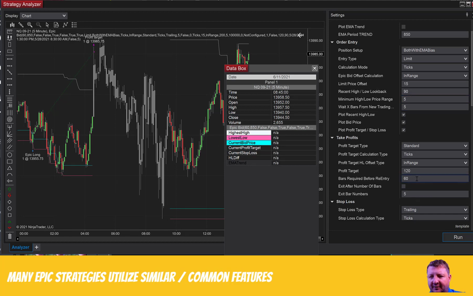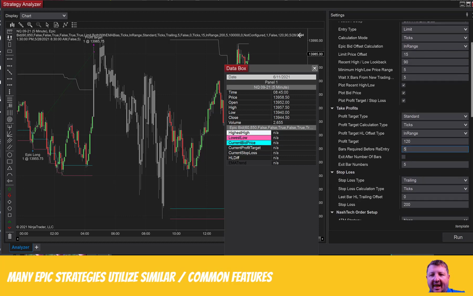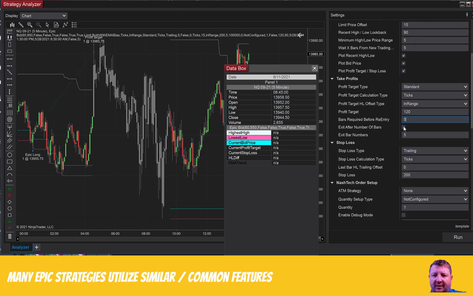The reason it's great to get a feel for these is because a lot of these, let's say bars required before re-entry, are in setups in all of our strategies. So as you start to get used to them, here's another one, exit after X bars. For some different setups, if you're 15 bars in, you may just want out anyway.